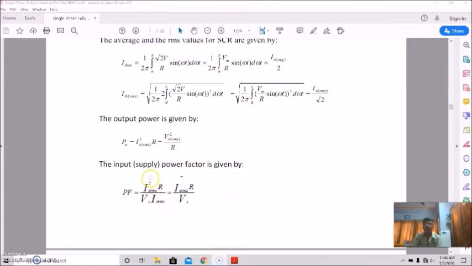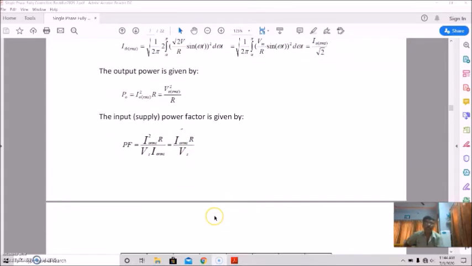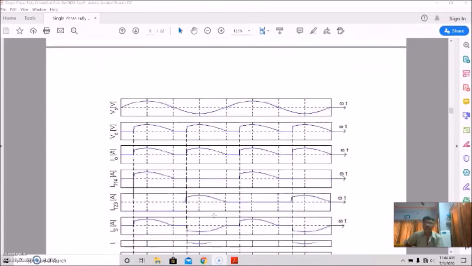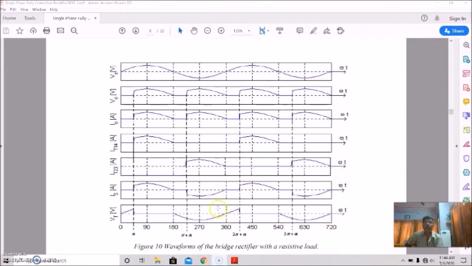This is the output power, that is the active power P, and this is S, the source voltage times source RMS current. So it will be IO RMS squared into R by VS times IS. With this we can once again go to this waveform.